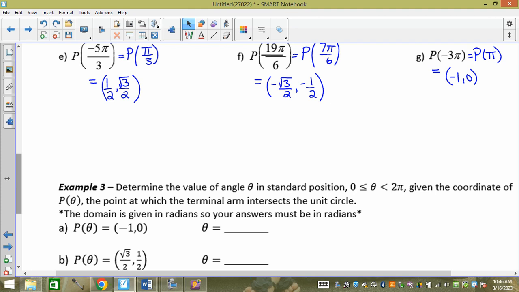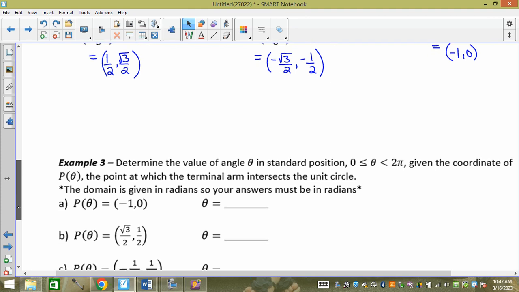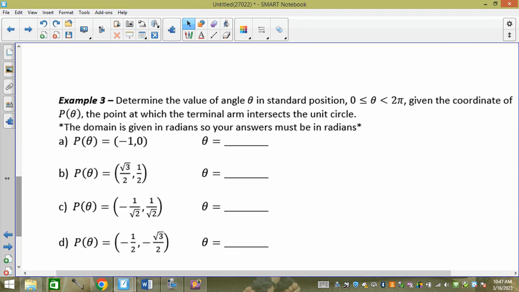But if I give you a point, there is actually an infinitesimal number of answers you could give me. I really wanted to use the word infinitesimal. Is that not true? For example, negative 1, 0 is right here.